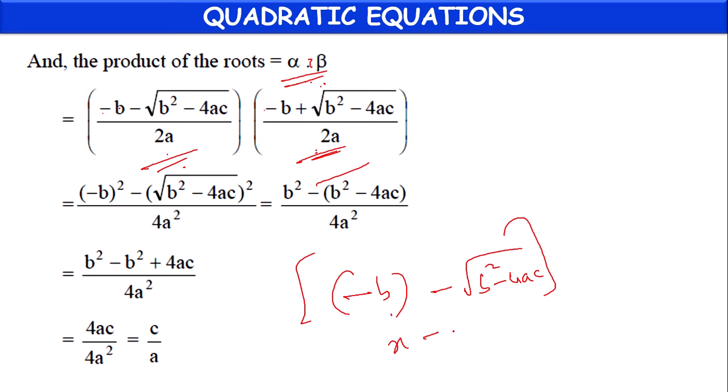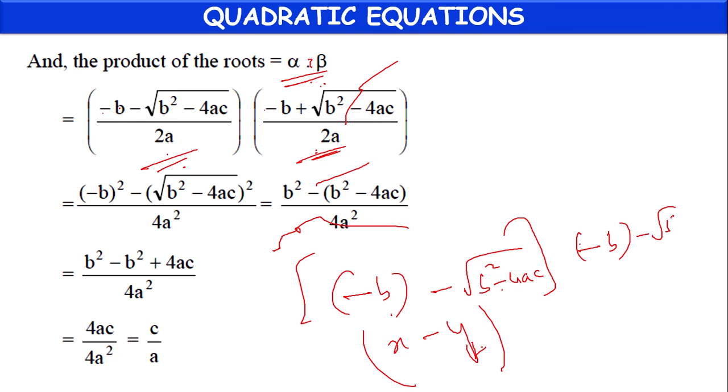Suppose it is x, and if it is y, it is in the form of x minus y. The other one is minus b minus root of b square minus 4ac, which is in the form of x plus y.